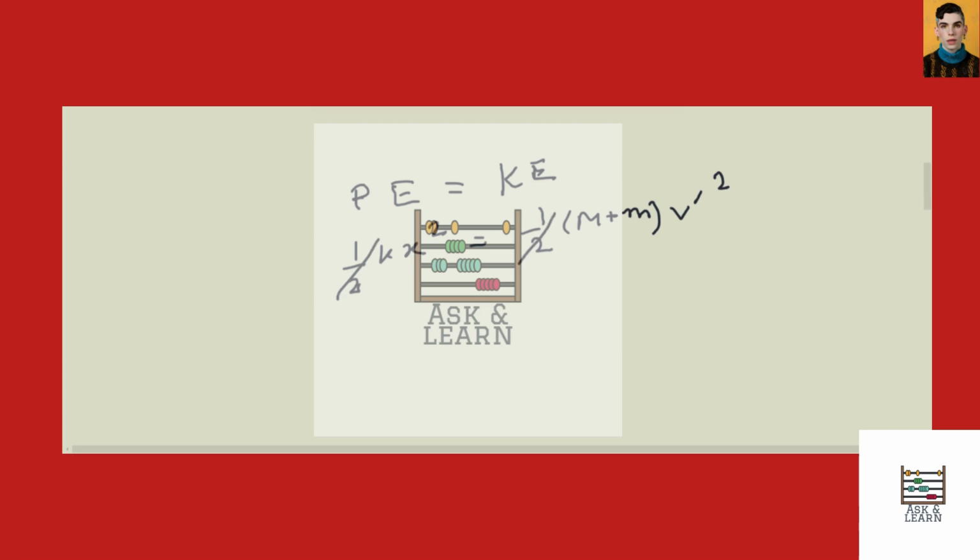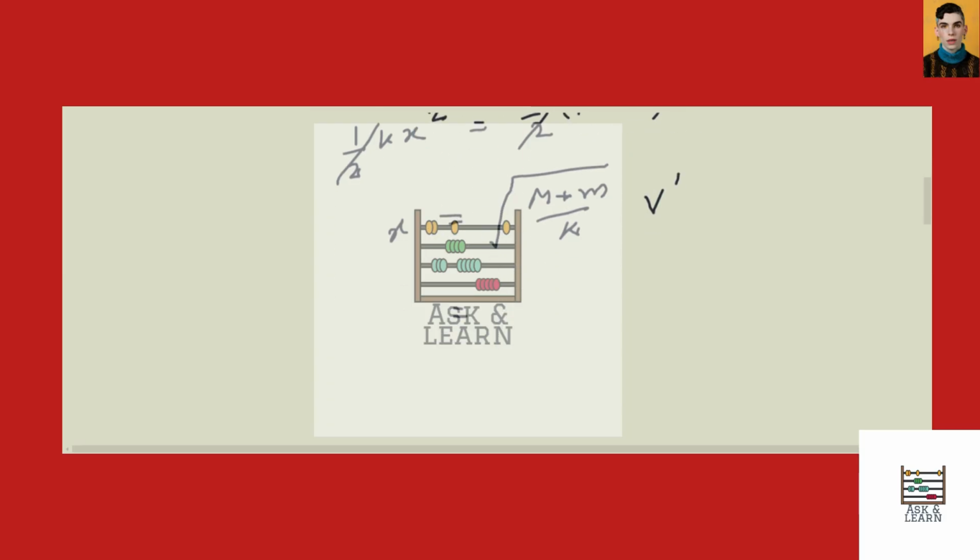So half again will get cancelled. Now you have to calculate x, right? So x will be equal to root over of M plus m by k, times v dash, right?